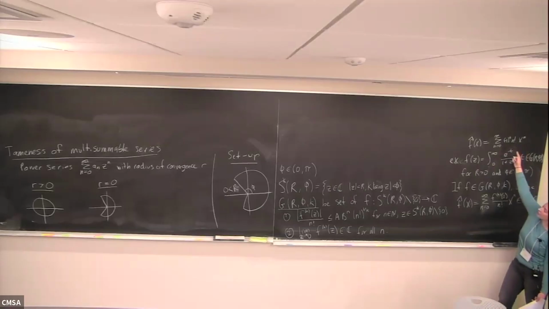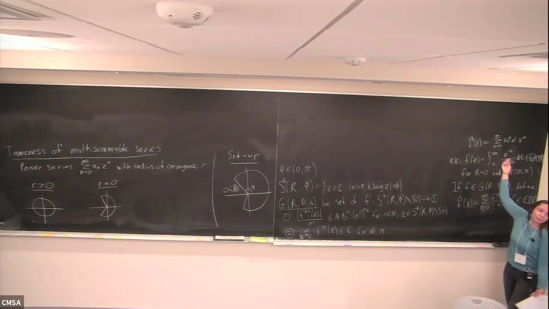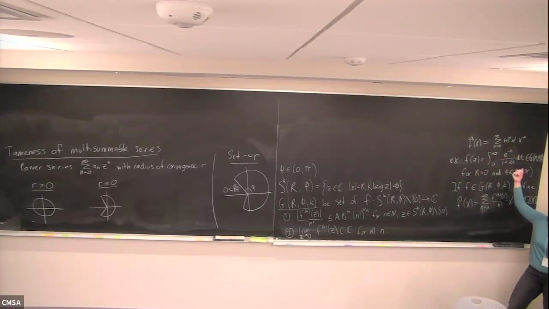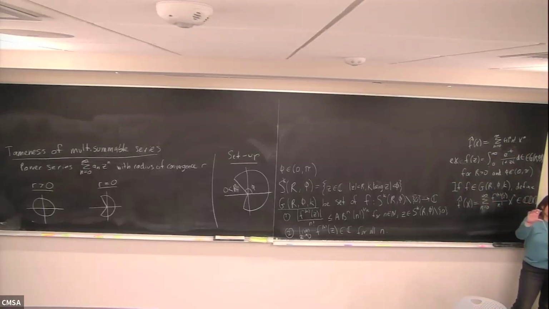So if the original series has radius of convergence 0, like this one, then maybe the Borel transform will have positive radius of convergence. And then you take the Laplace transform. If you can extend holomorphically to some neighborhood of the positive real line, or another direction, you can take the Laplace transform, and that will give you the function.